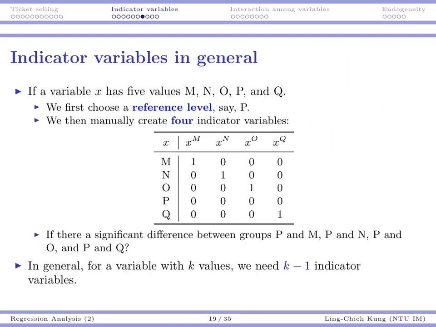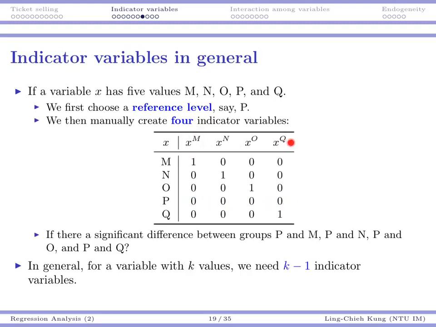So, in general, if our variable has 5 different values, we will still choose one reference level. Let's call it P. Let's say we choose P as our reference level. Then, in this case, we need 4 indicator variables, 1 for each non-reference value. And then, the reference variable will always be 0.